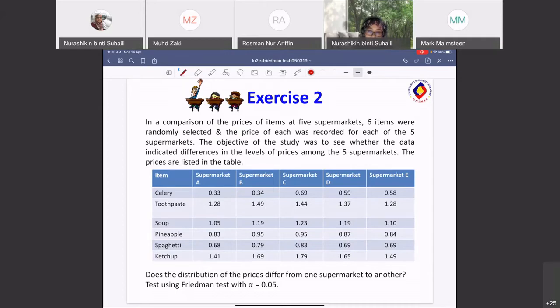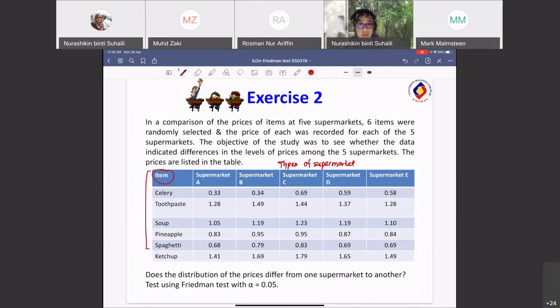The objective of the study was to see whether the data indicated differences in the level of prices among the 5 supermarkets. The prices are listed in the table. You can see the table has the types of supermarket, and also the items to be compared from every supermarket.